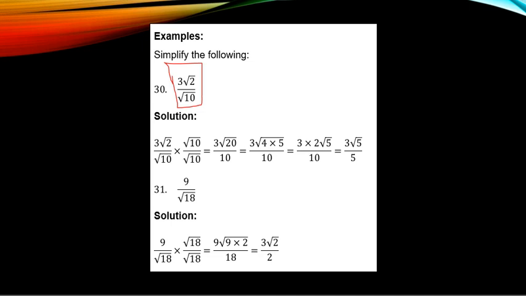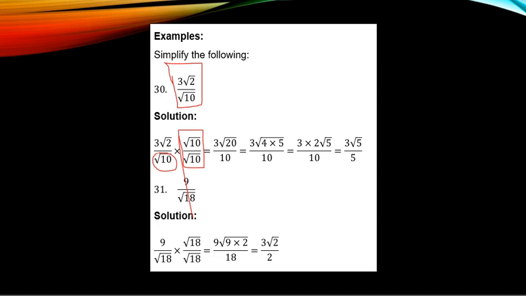So to do that, the irrational number root 10 is used to multiply both numerator and denominator in this form. See that? So you have 3 root 2 times root 10. Remember, different surds can be multiplied from lesson 3.